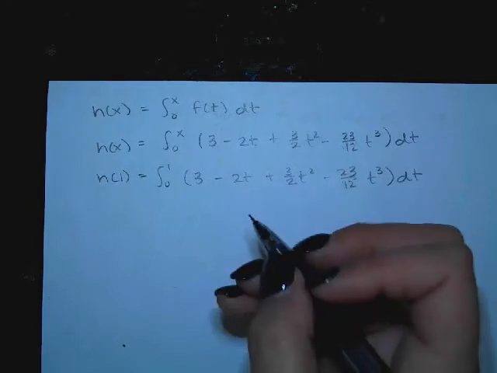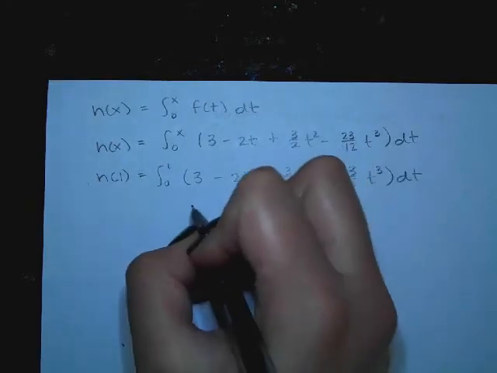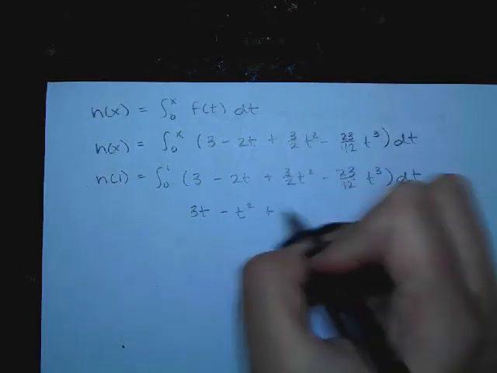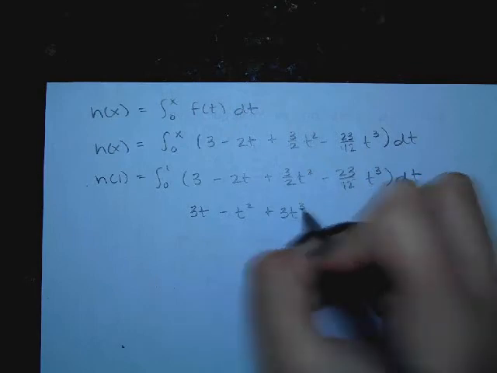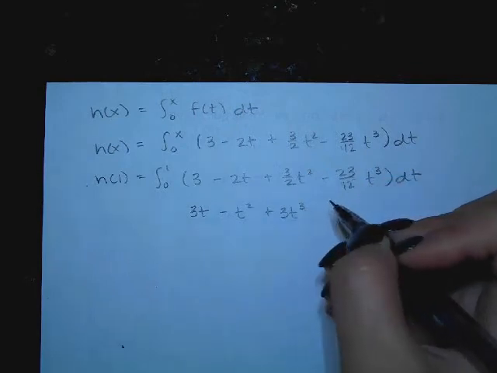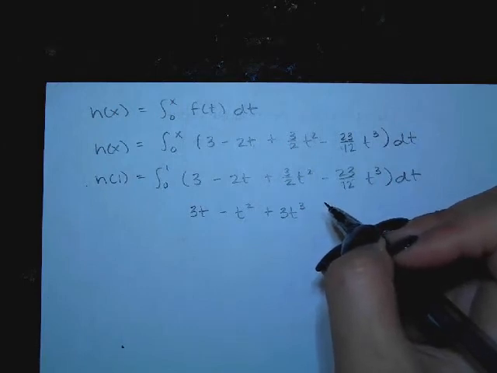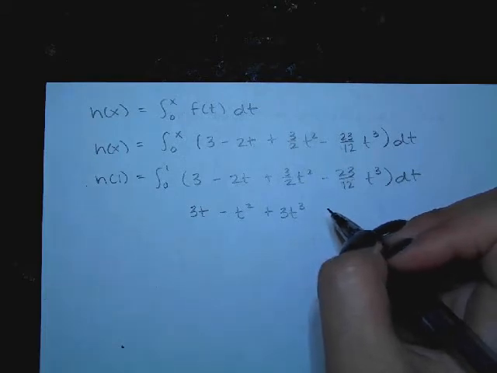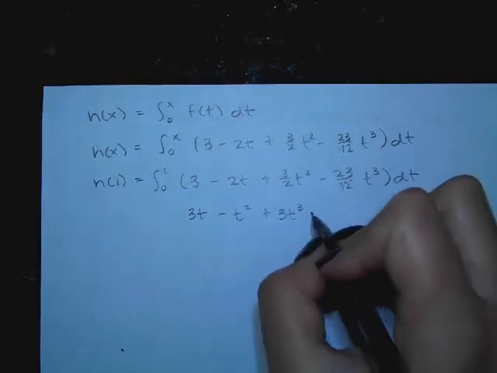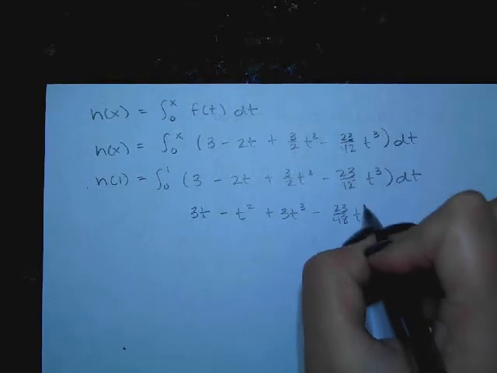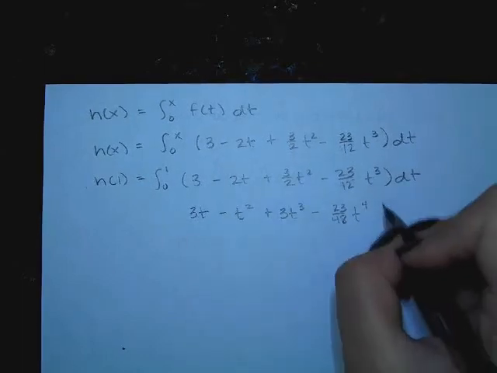So if I go ahead and find the antiderivative of each of those, I've got 3t minus t squared plus 3t to the third, is that right? Minus 23 over 48 t to the fourth from 0 to 1.